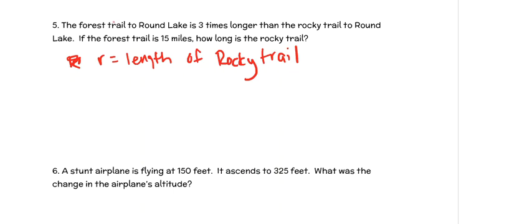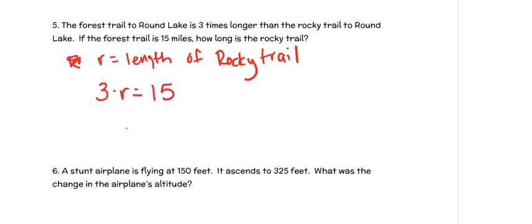Okay, so the forest trail to Round Lake is 3 times longer than the Rocky Trail to Round Lake. If Forest Trail is 15 miles, how long is Rocky Trail? So Forest Trail is 3 times longer. 3 times R equals. This is saying Forest Trail is 3 times longer than Rocky Trail, and that length is 15.